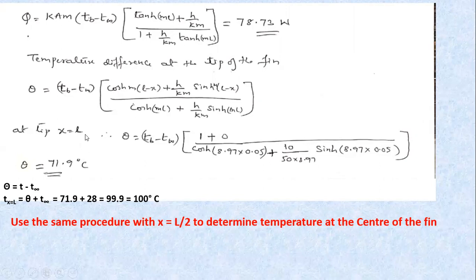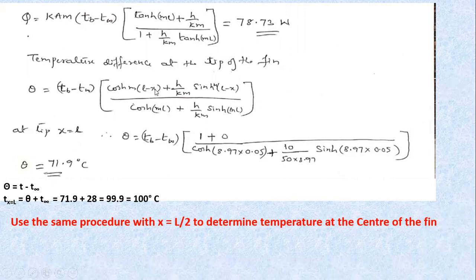If we consider the tip of the fin, theta is nothing but T minus T infinity. Taking the denominator part to the other side, theta will be equal to (T_B minus T infinity) into, listen here, cosh of m into (L minus x). What is the x value?